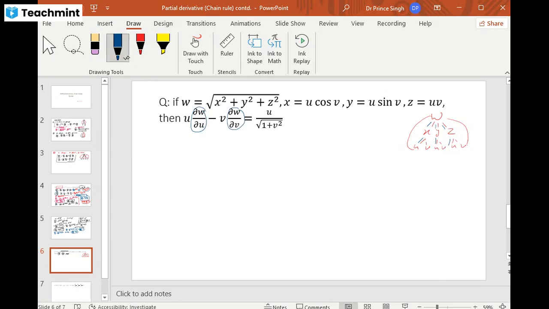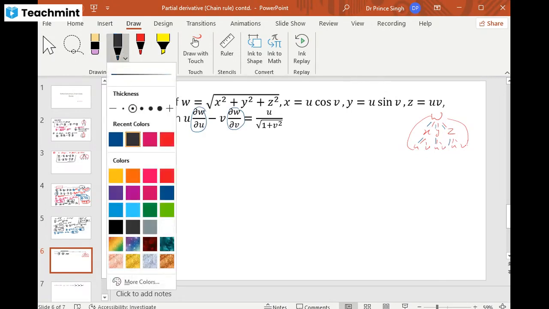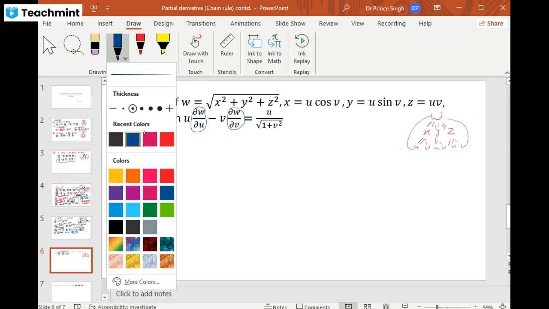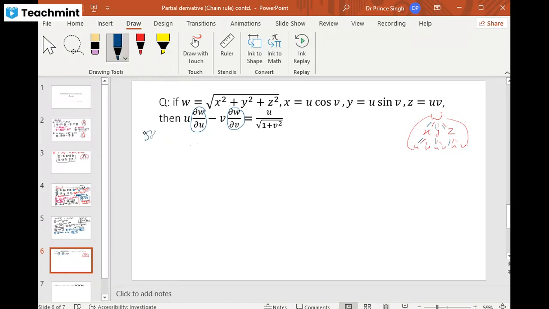So firstly, if we use the chain rule, what is the formula of ∂w/∂u? ∂w/∂u is equal to ∂w/∂x times ∂x/∂u, plus ∂w/∂y times ∂y/∂u, plus ∂w/∂z times ∂z/∂u.